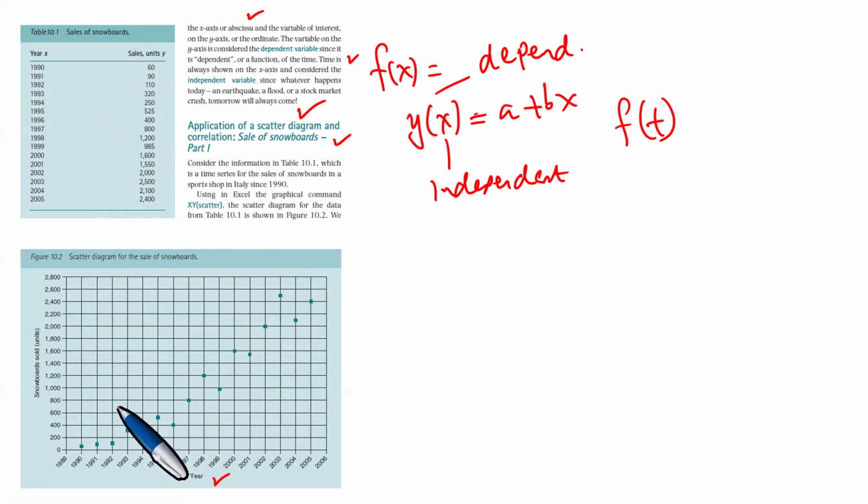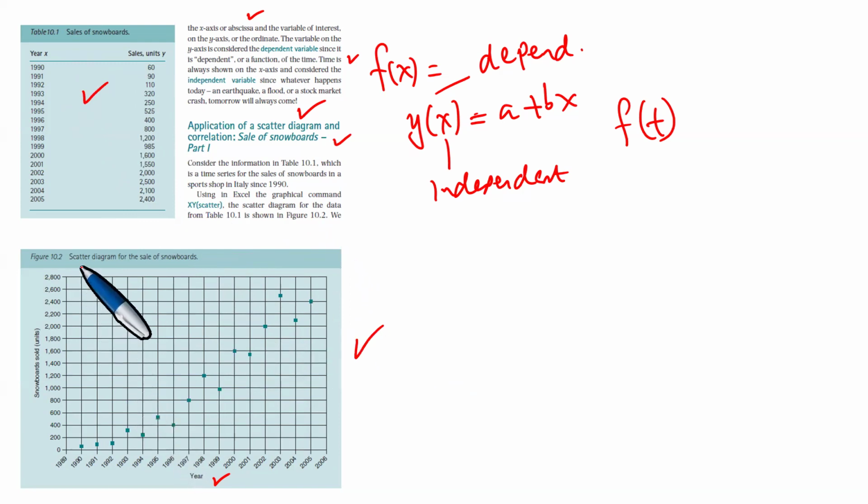I'll have to establish the extent to which you are into Excel and its usage in assessments. The scatter diagram for the data from table 10.1 is shown in figure 10.2. So this is the data we have, and this is the scatter diagram.